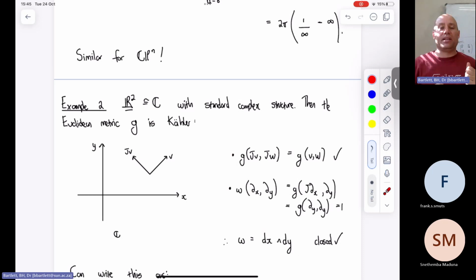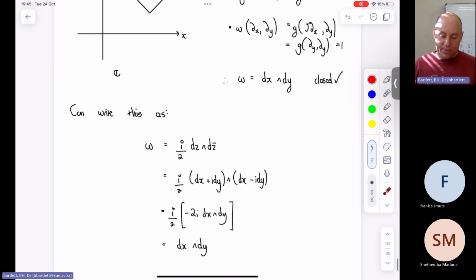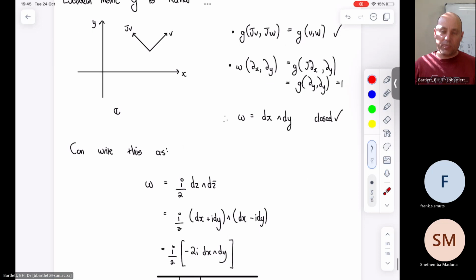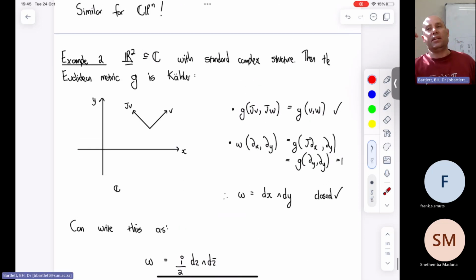So here we see something interesting, which we saw in the case of the 2-sphere and in the case of R2, which is that the symplectic form seems to be giving you some kind of an area form. So we'll talk about that in a second, and I'll end with that.